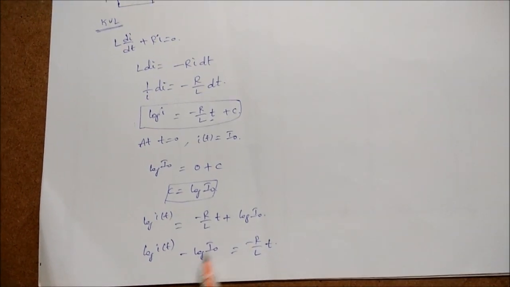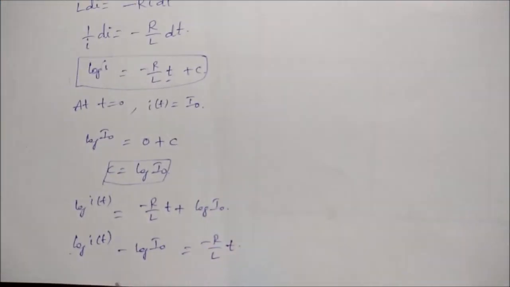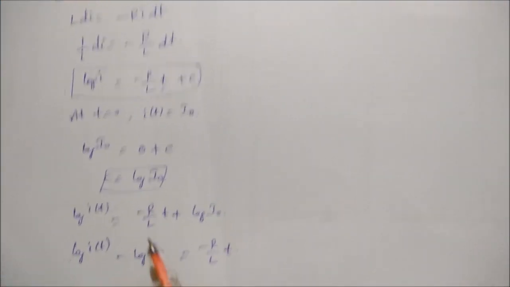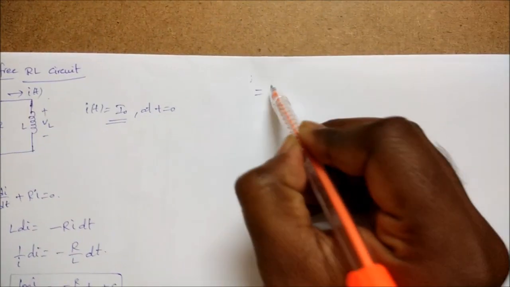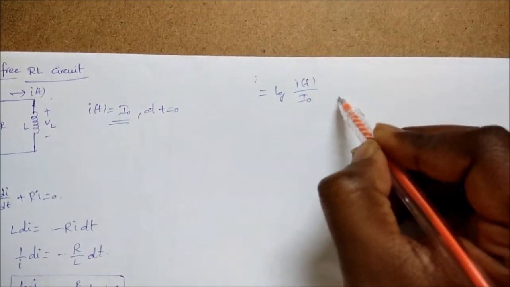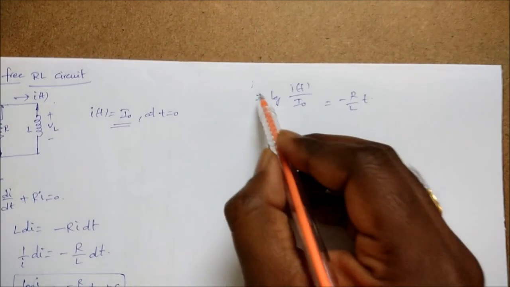Log A minus log B becomes log A by B. So that is equal to log of I of t by I naught is equal to minus R by L into t.